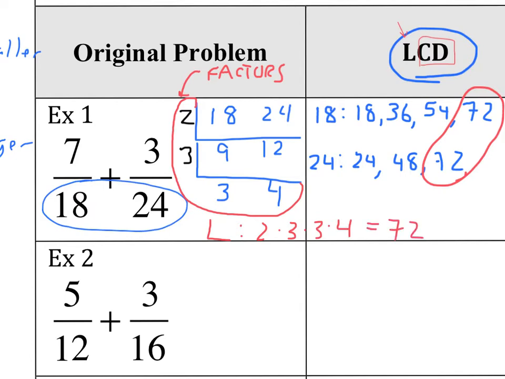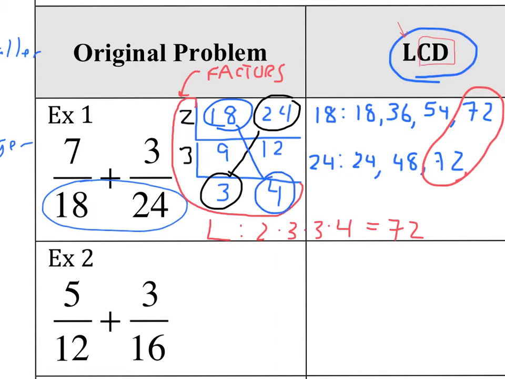Why is this a helpful method? Because this actually not only shows me what the LCD is, it shows me how to get to the LCD. Watch this. If I take 24 and I multiply it by this diagonal 3, I get 72. If I take this 18 and multiply by the diagonal 4, I get 72.